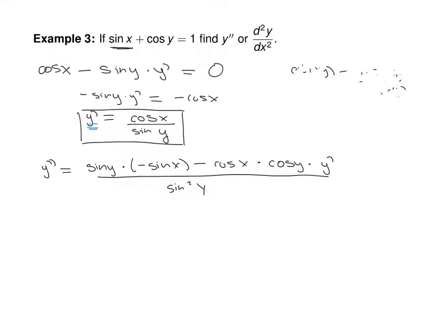So now we have y double prime is negative, I'm just going to do alphabetical order, sine x sine y, minus cosine x cosine y, and the tricky thing here is to actually put in what y prime is.